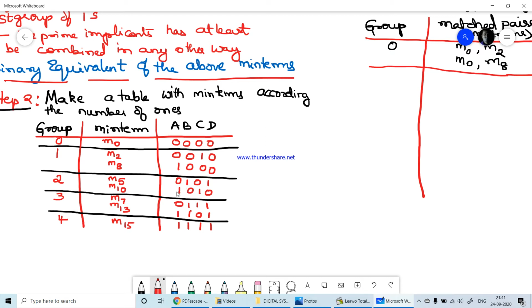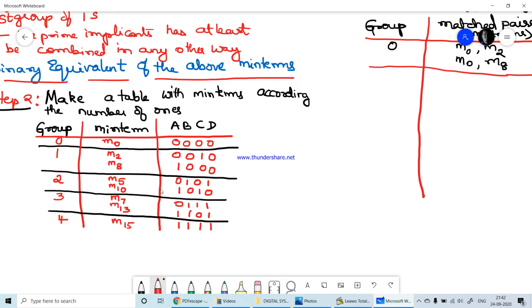Similarly for M10. Therefore you never compare group 0 with 2, or 1 with 3, or 2 with 4. Group 0 is compared with 1, then group 1 with 2, then group 2 with 3, then group 3 with 4. That is the flow you need to keep in mind.